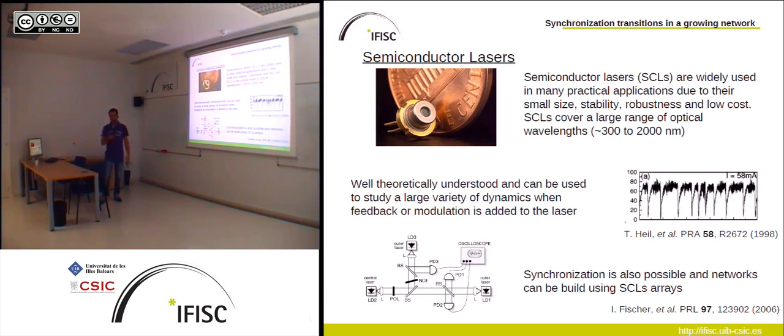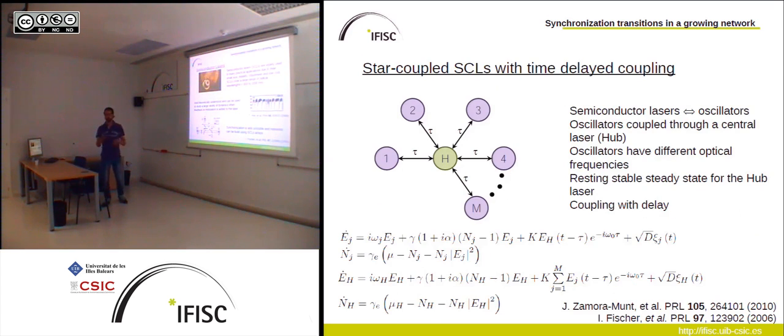So there are other possibilities with arrays of lasers that can contain up to 40, 50 or more lasers. That could be a good option to go beyond these small networks of 3, 4, or 2 oscillators.